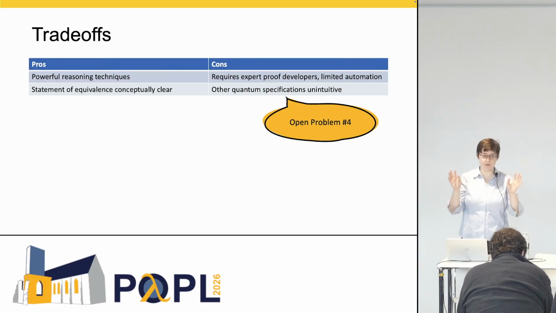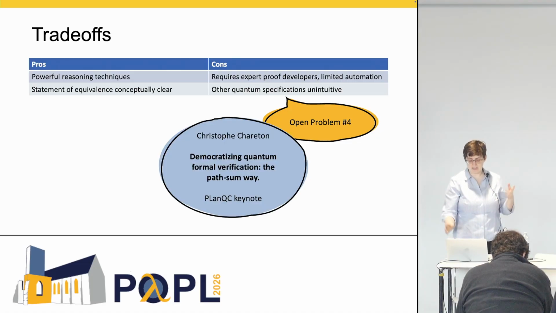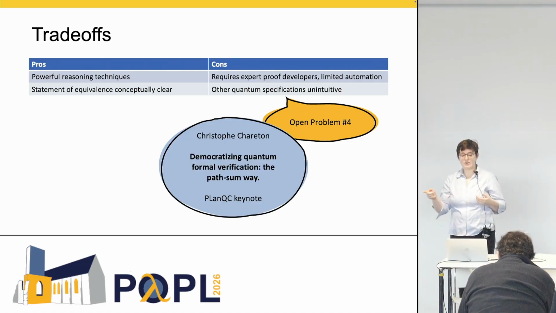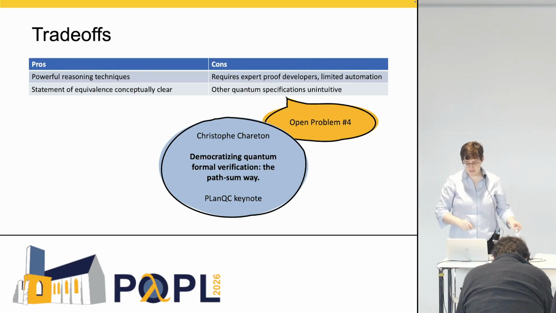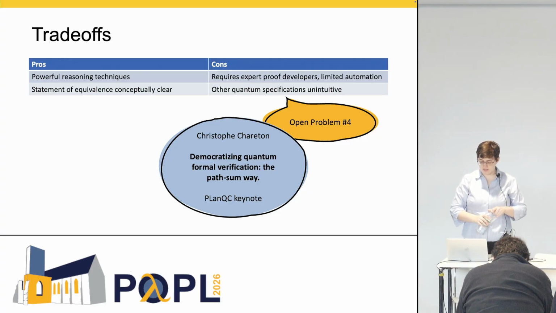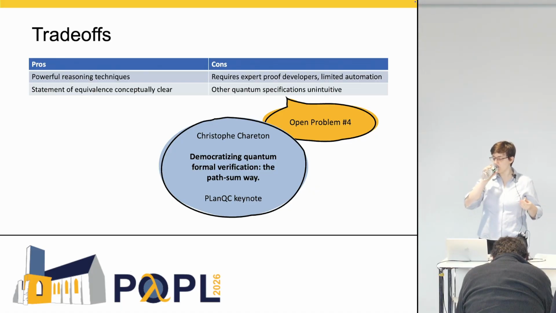This is also a problem that a lot of people are actively working on. There are really interesting ideas. I'm just going to point out yesterday the keynote at PLanQC by Christophe Chareton was about this very problem using path sums, using the path sum representation.